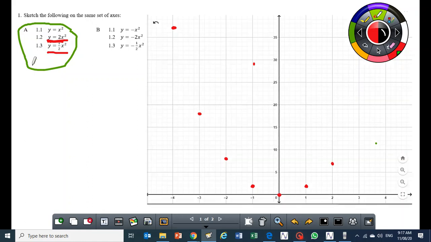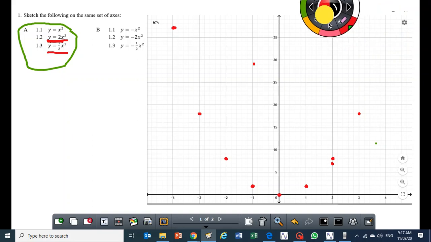When x is 3, you are going to have 18, and when x is 4, you are going to have 32, right?